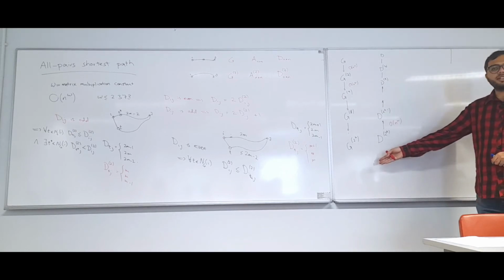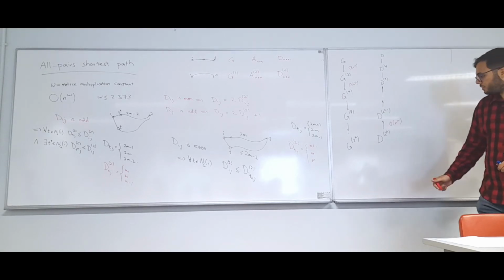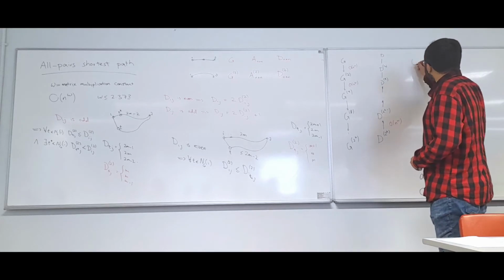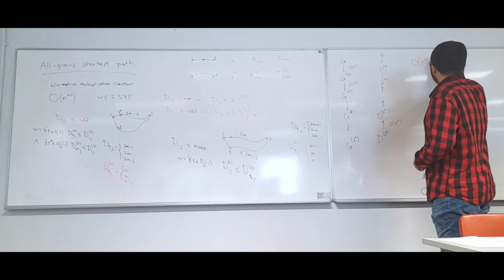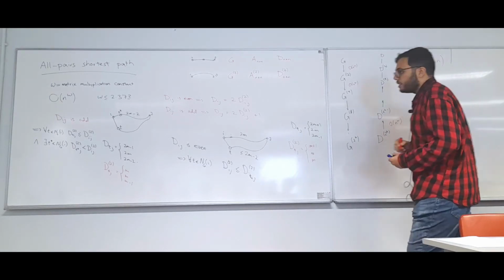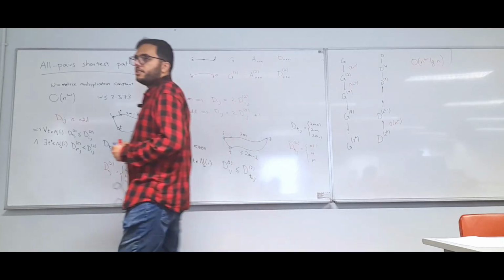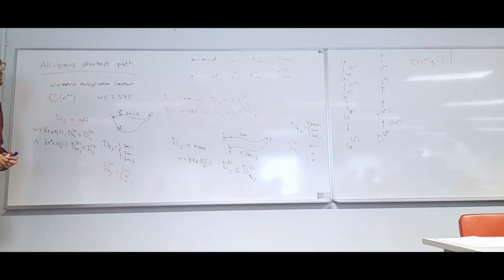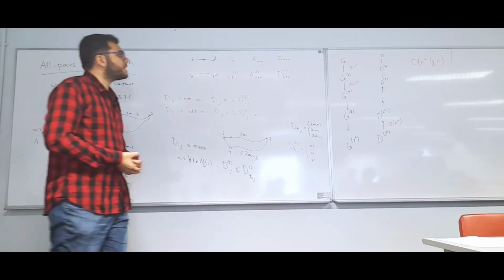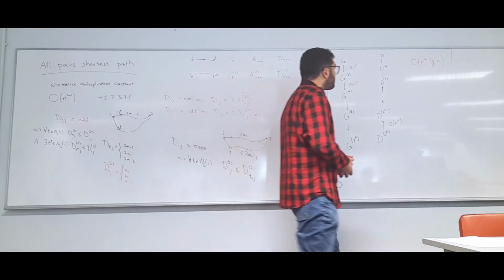The depth is log n. So my overall runtime is just O(n omega log n). So using matrix multiplication, we could finally get something that is better than n cubed.